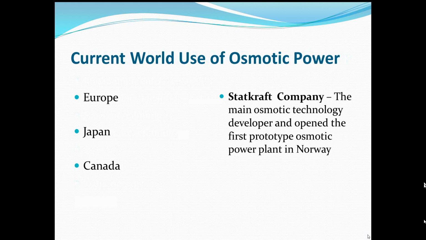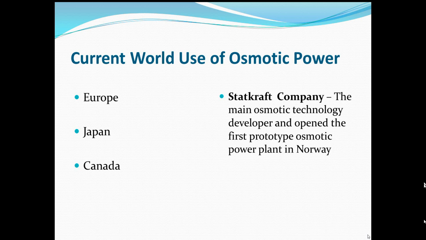Now before going into details of osmotic power generation, we will look at the current world use of osmotic power. It is a very new term or technology for us, but some parts of the world have already started harnessing energy from these estuaries.